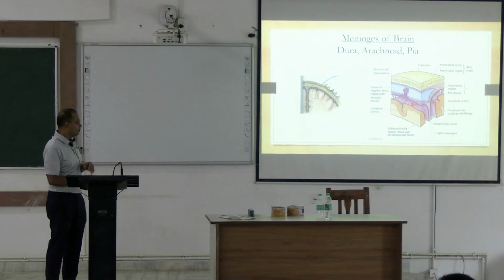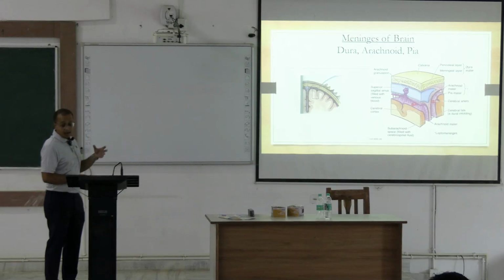They are glued together. Under the arachnoid mater and above the Pia mater, we do have a space known as the subarachnoid space. That space is occupied by blood vessels, and we also have a fluid in it. We call it the subarachnoid space containing cerebrospinal fluid.